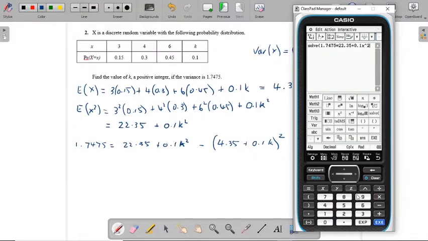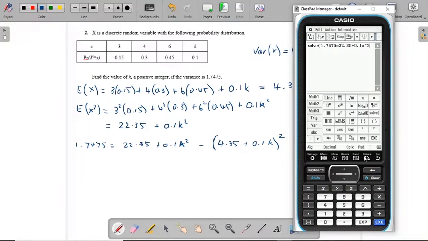Just x is convenient. You just need to remember that when you put your answer back in, writing it down on the paper, you need to use the appropriate variable, not x. So in this case, if I'm using x here, but it's k, I need to write k equals, not x equals. That's fairly obvious, but it's an easy mistake to make.